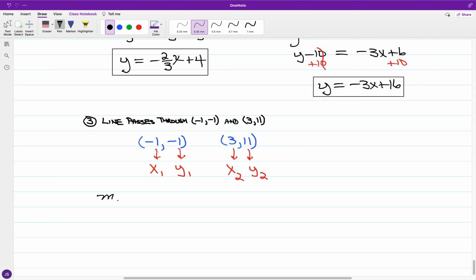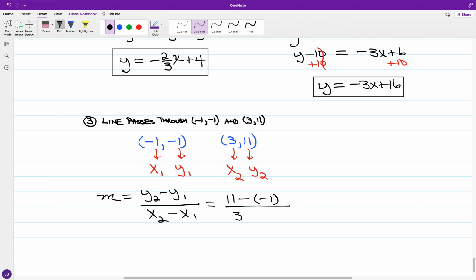And looking for the slope once again, y2 minus y1 all over x2 minus x1. So you got y2 is at 11, y1 is at -1, x2 minus x1.